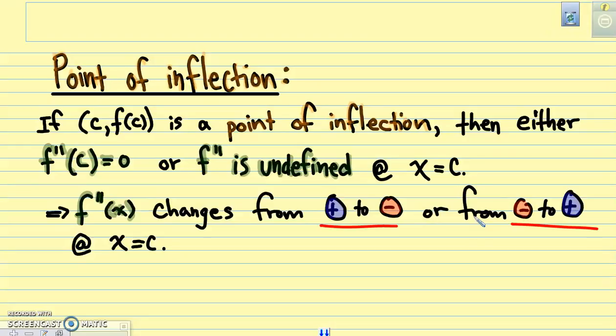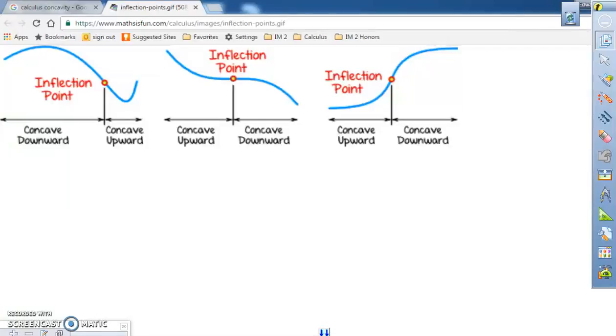I'll show you an example right now. Let's just copy this down for your notes. This is what a point of inflection looks like. In other words, a point of inflection or inflection point happens when you change concavity. Okay, so it changed from concave down to concave up.